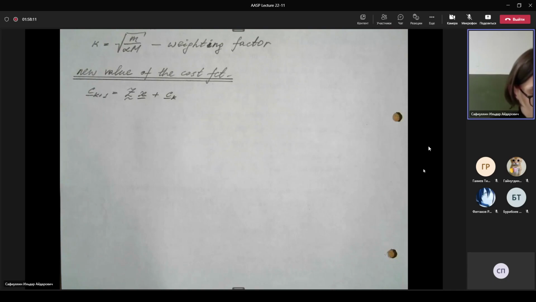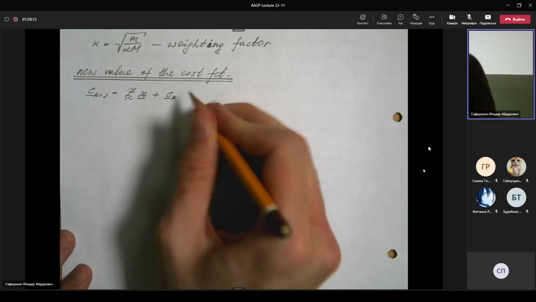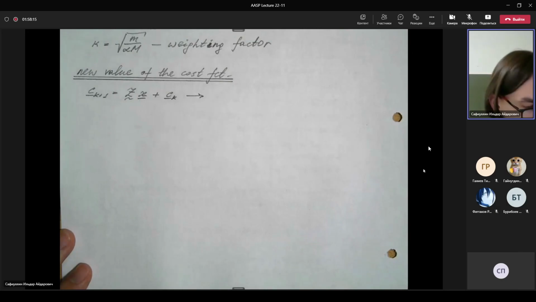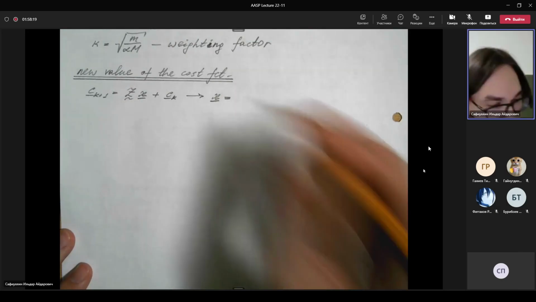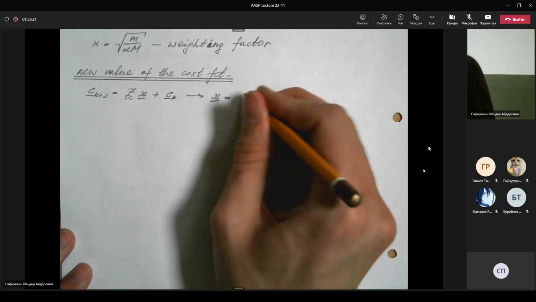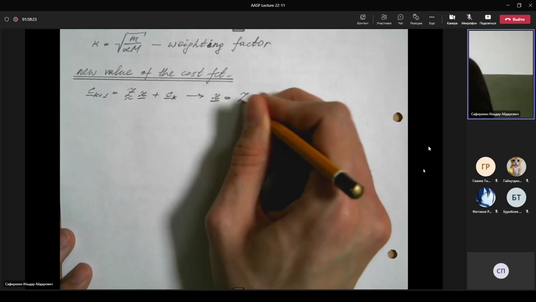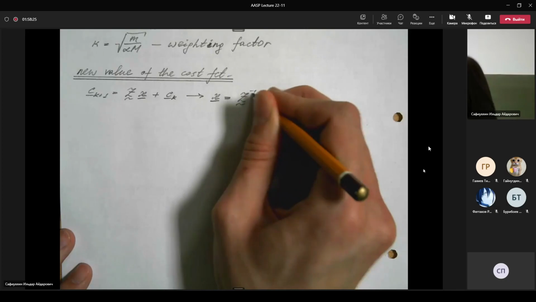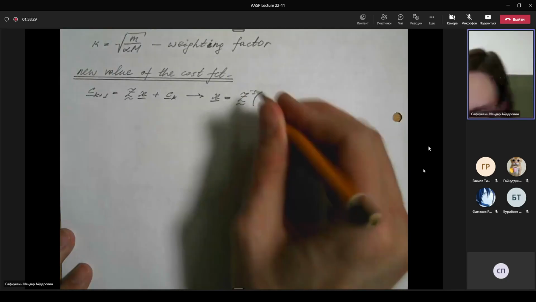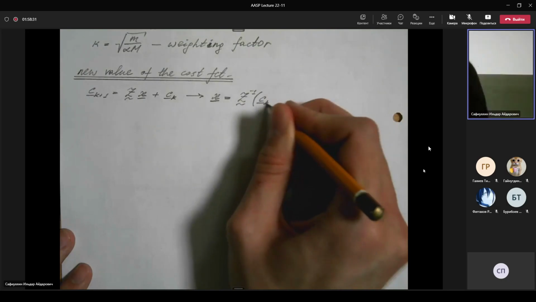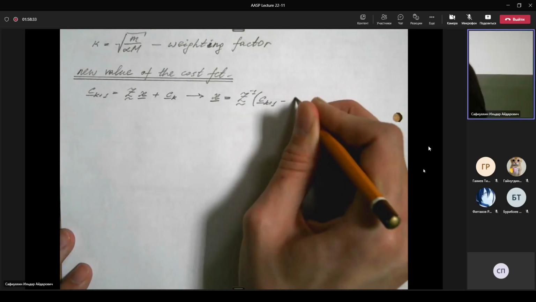In this case, we can find vector x as follows. X is equal to the inverse of Z. Here we multiply it with C sub k plus 1 minus C sub k.